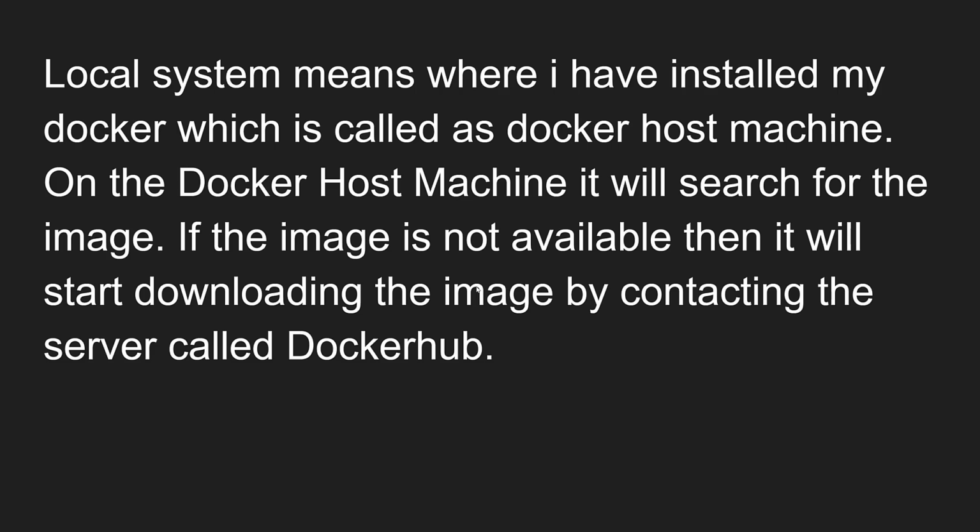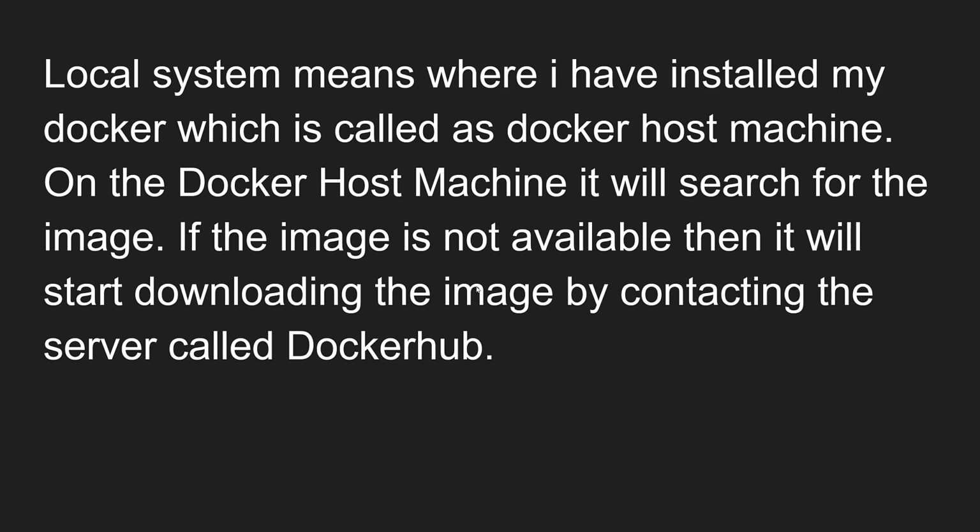Local system means where I have installed my Docker, which is called the Docker host machine. On the Docker host machine, it will search for the image. If the image is not available, then it will start downloading the image by contacting the server called Docker Hub. So this is all well-known concept about this one.